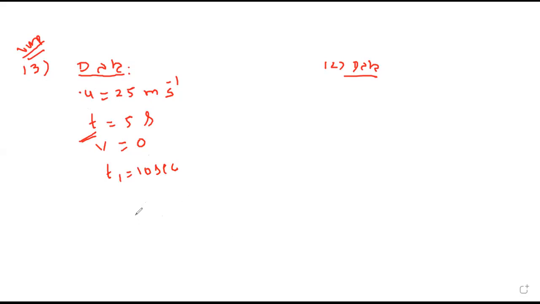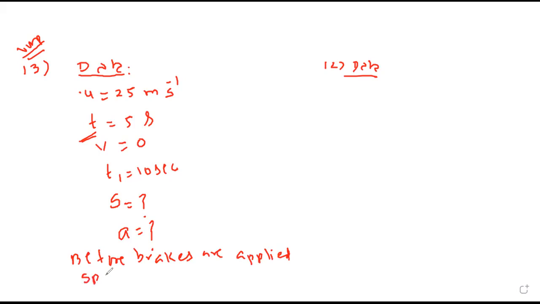Find the distance the car travels before the brake. So distance covered S before the brake we want. And then retardation, that means negative acceleration. Before brakes are applied, speed is constant.